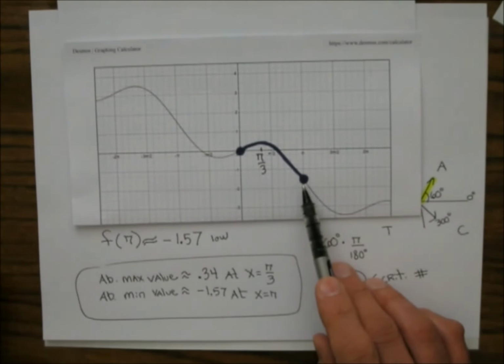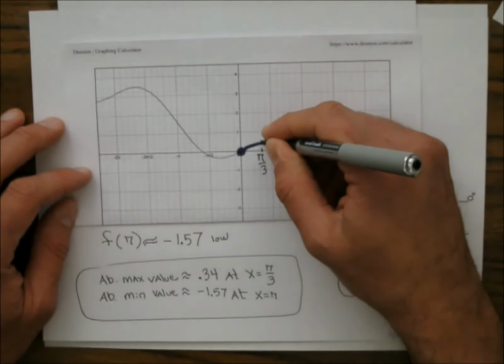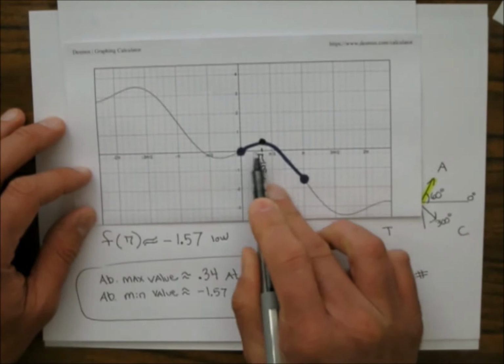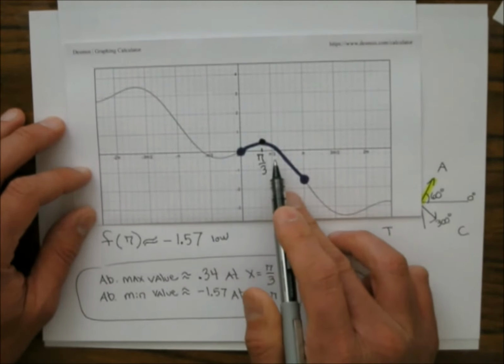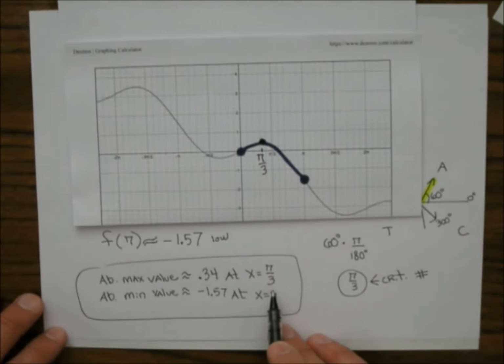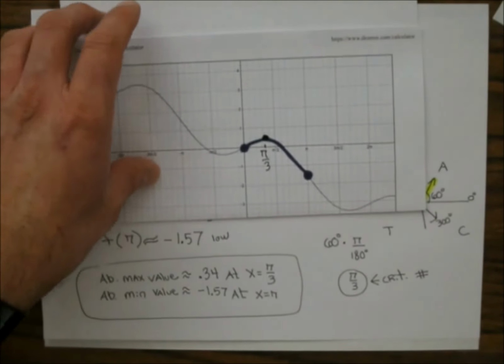There's the minimum. And the maximum value is this guy. If you look at the highest point on this dark graph, because this is between 0 and pi, it happens to be pi over 3, comma, 0.34. So hopefully the graph matches with our answer.